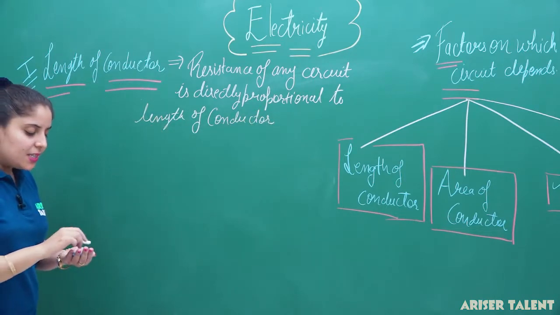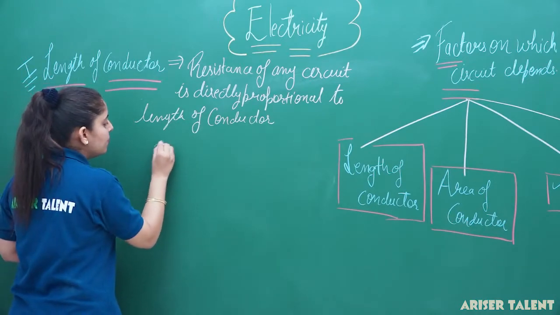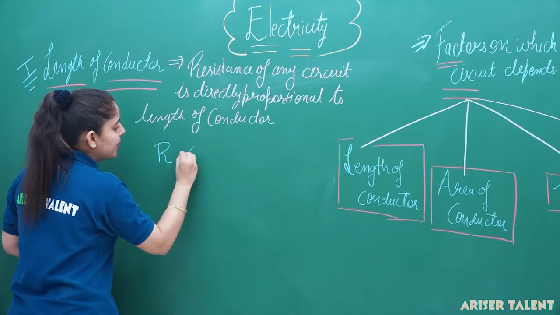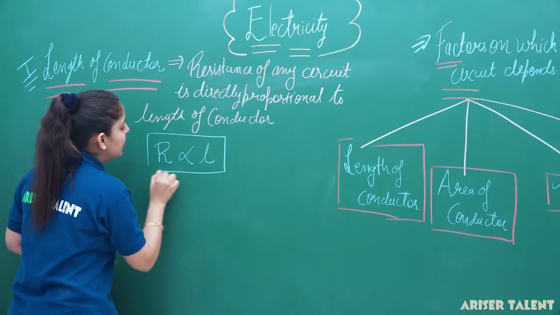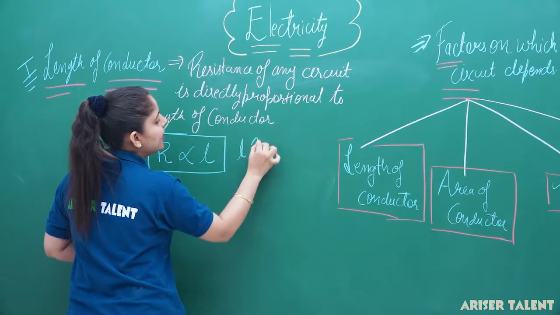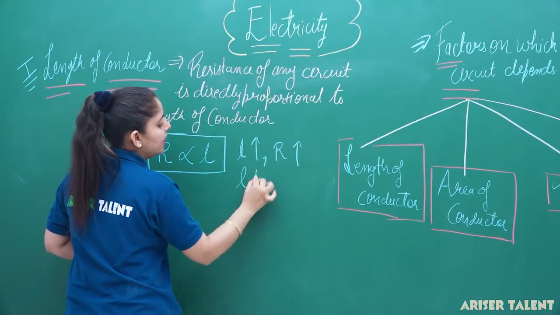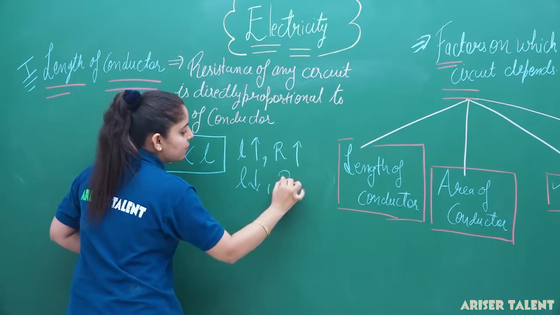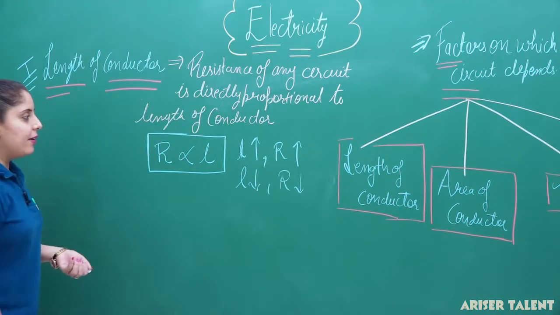So resistance will be directly proportional to the length of the conductor. Resistance will be denoted by R, and it is directly proportional to small l. Small l we have is the length of the conductor. It means if the length of the conductor is increased, resistance will increase. If the length of the conductor is decreased, resistance will also be decreased. So this is about the direct relation.